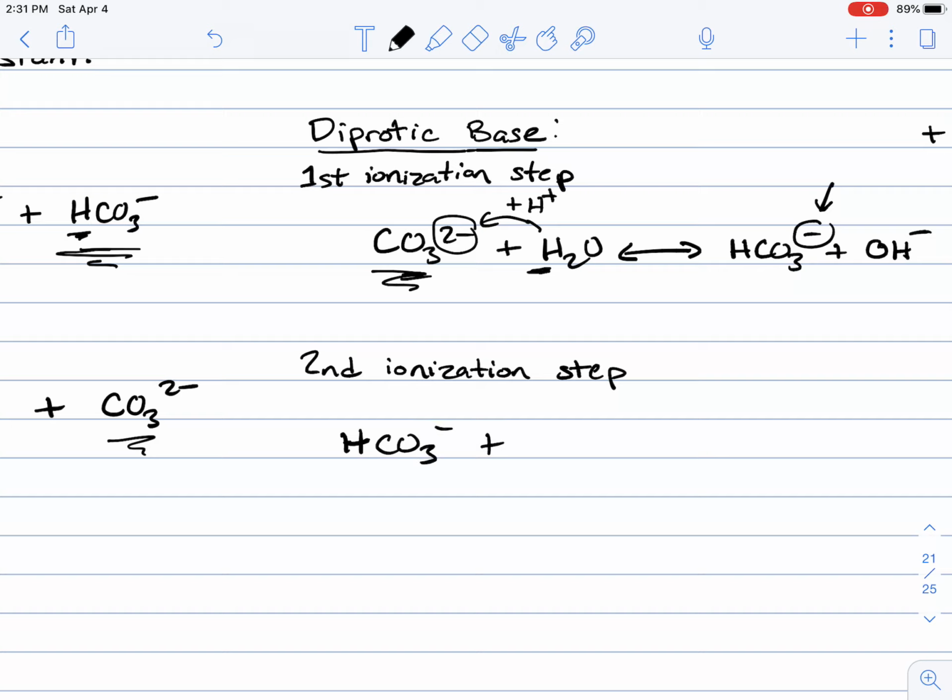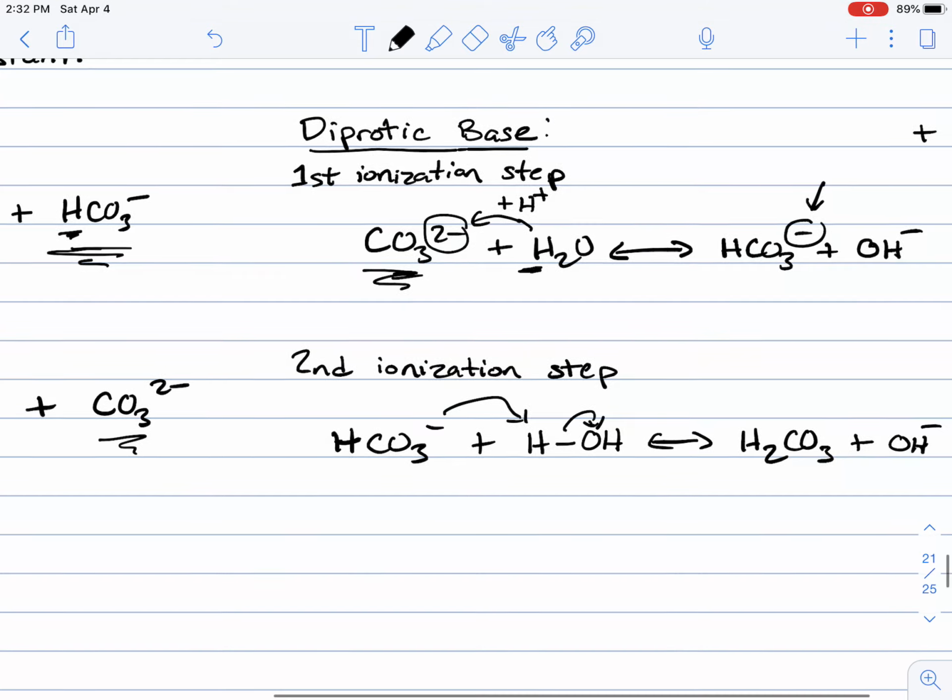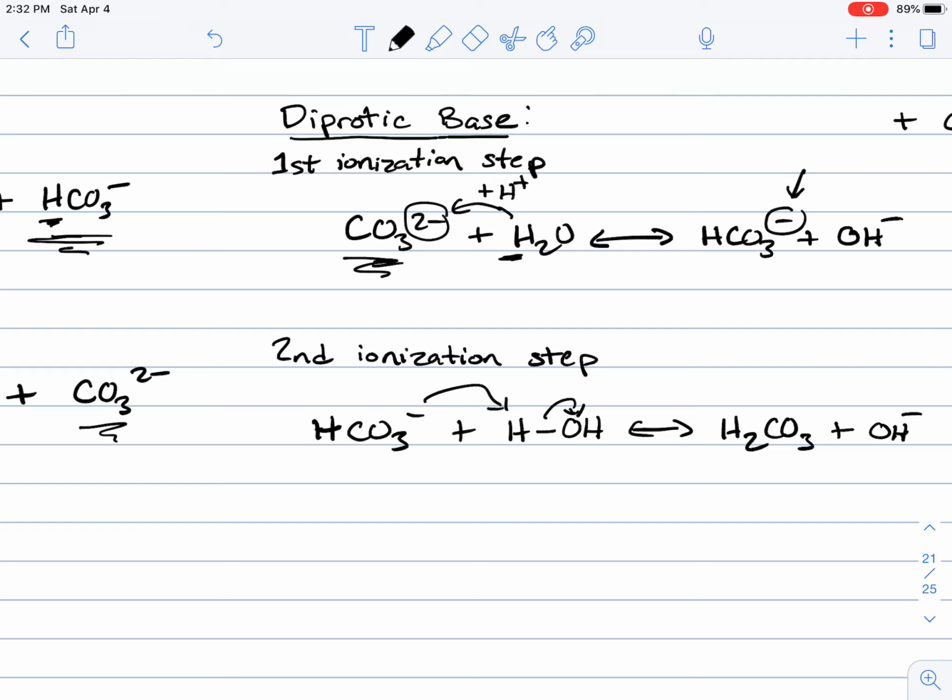And once again, it's going to take one of the hydrogens from another water molecule. And this will produce H2CO3 and another OH minus. Now, I'm not writing my physical states of matter for these equations, but know that everything is aqueous except for water. And so water is going to be our solvent, so we're going to assume that's liquid in form.